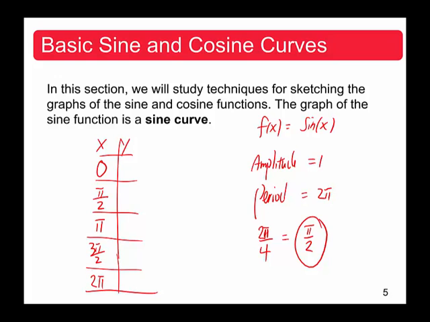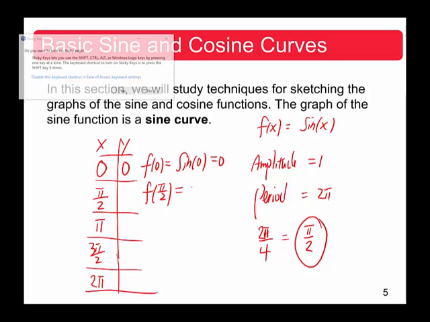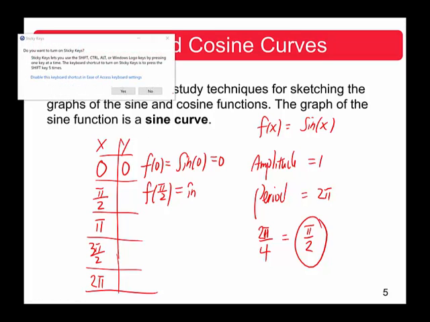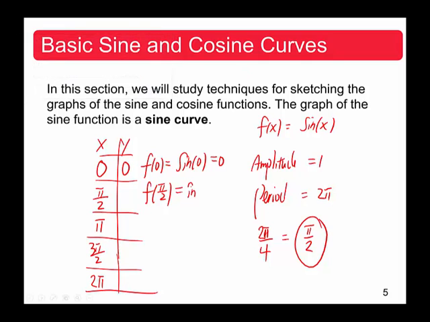Right. Now you find the y values, meaning let's see what f of 0 is. f of 0 is sine 0. Sine 0 equals 0. Okay. f of pi over 2, which is sine pi over 2. Sine pi over 2 is sine 90 degrees. It reaches the maximum, 1. And the next ordered pair will be f of pi.